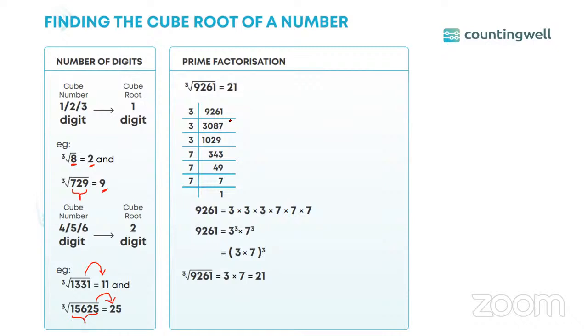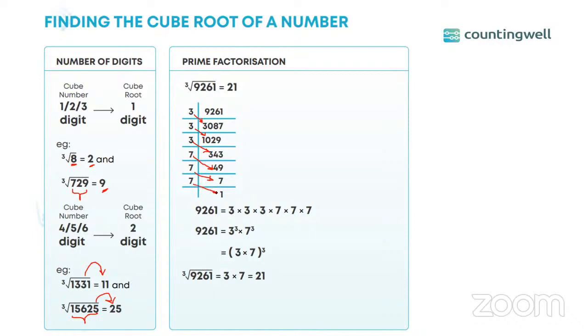Let us find the cube root of a number by prime factorization. You can prime factorize a number using the division method or the factor tree method. Now let us see the prime factorization of 9261. Note that 3 times 3087 is 9261. 3 times 1029 is 3087. 3 times 343 is 1029. 7 times 49 is 343. 7 times 7 is 49.